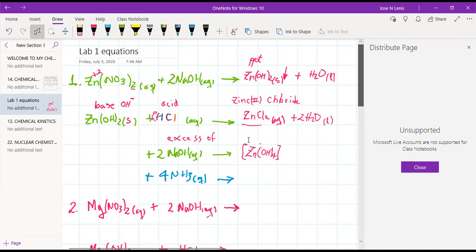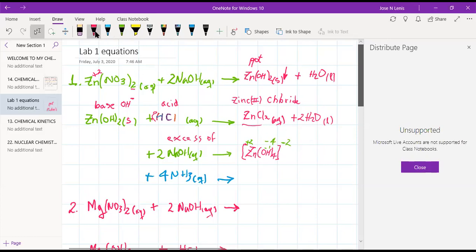All right, so zinc is +2. OH is -1 times 4 is going to be -4. So +2 minus 4 gives you -2. That's the charge of this complex ion.